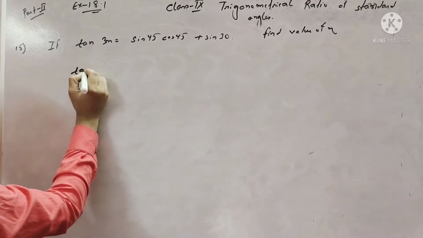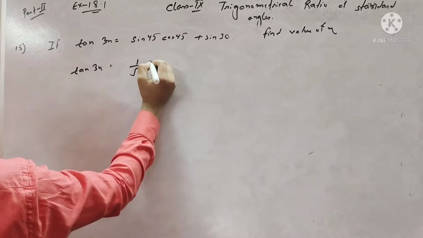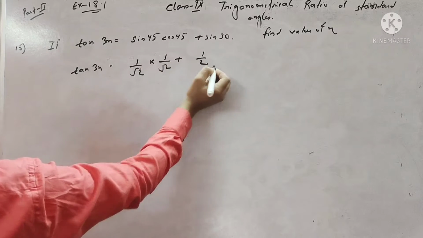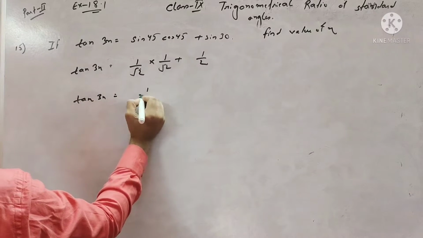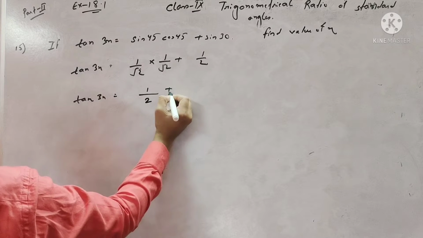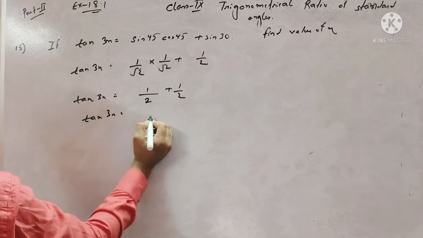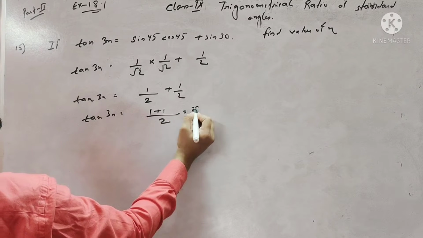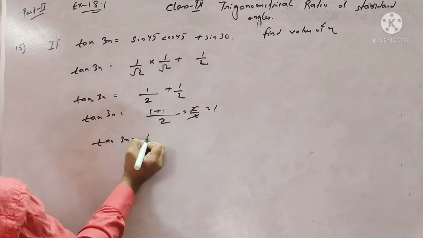So sine 45 is 1 by root 2, cos 45 is 1 by root 2, sine 30 is 1 upon 2. So tan 3x equals, taking LCM of 2, 1 plus 1, that is 2 upon 2, that is 1. So tan 3x is equal to 1.